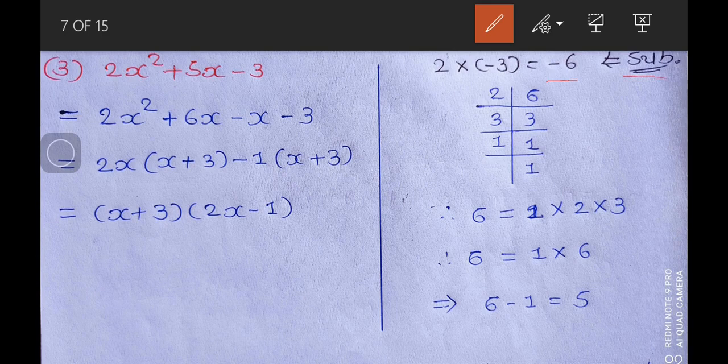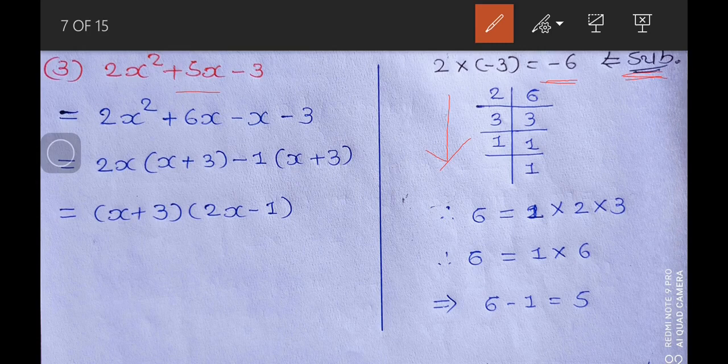So we do subtraction of 2 factors of 6, and that gives us the middle term of our polynomial. So now we take the factors of 6.